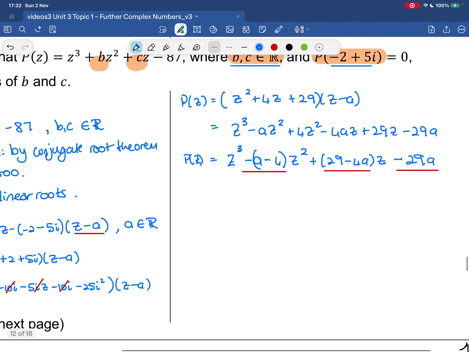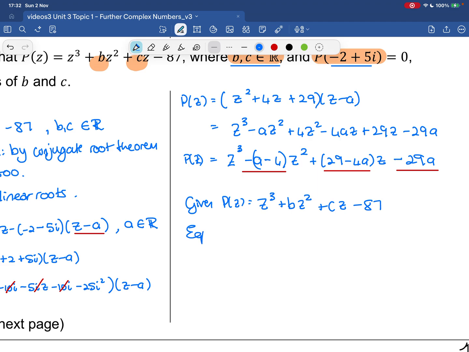Okay, so let's say that we've been given that P of z is z cubed plus bz squared plus cz minus 87. So I can equate coefficients.